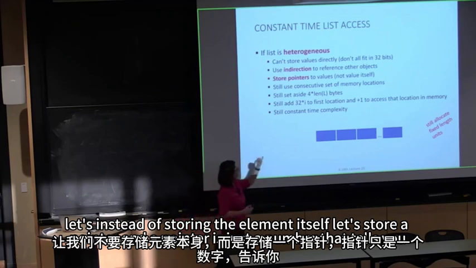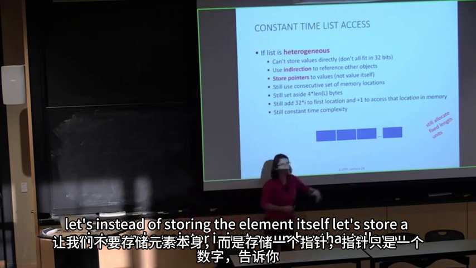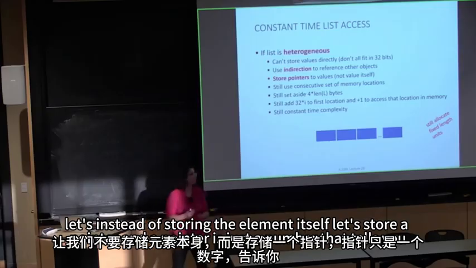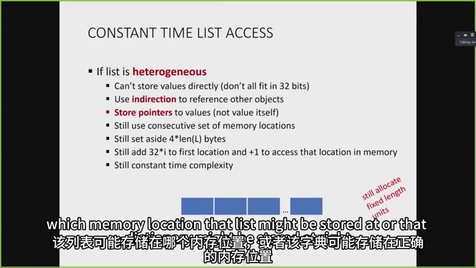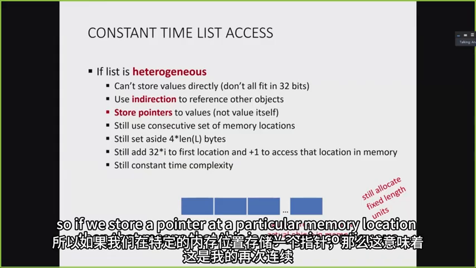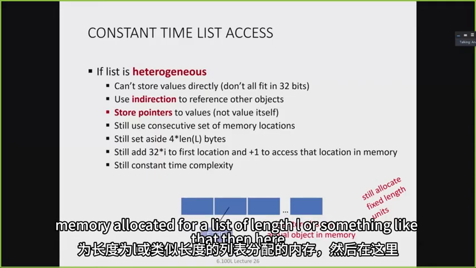Let's instead of storing the element itself, store a pointer. And a pointer is just a number that tells you which memory location that list might be stored at, or that dictionary might be stored at. So if we store a pointer at a particular memory location, then this is my, again, contiguous memory allocated for a list of length L or something like that.